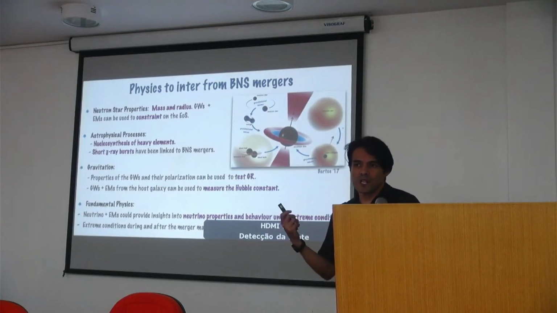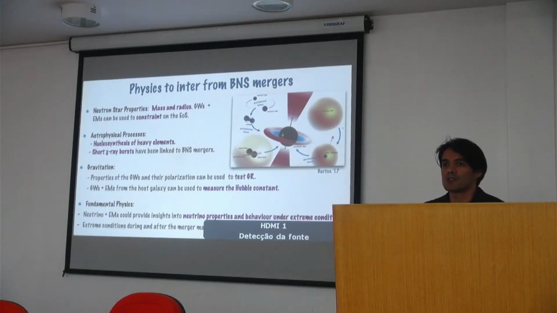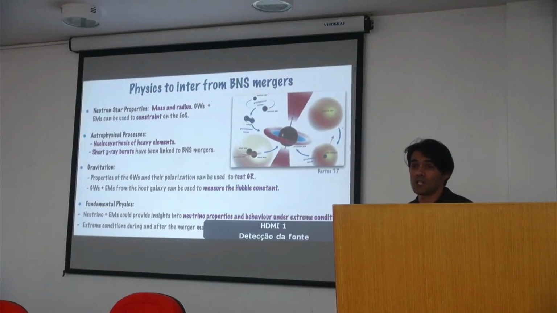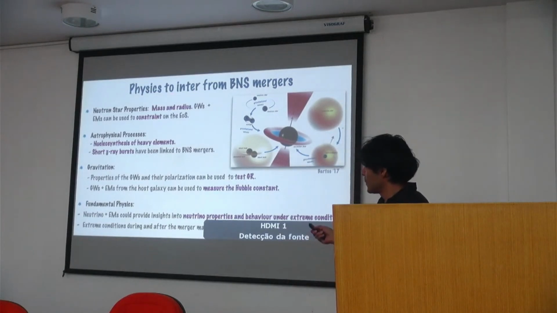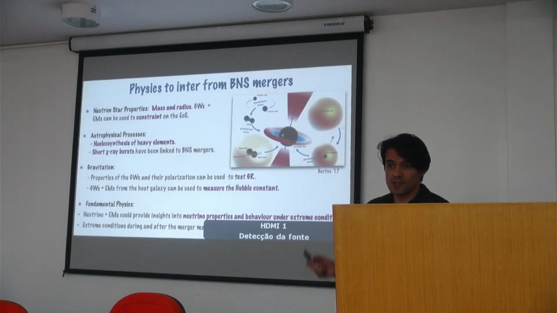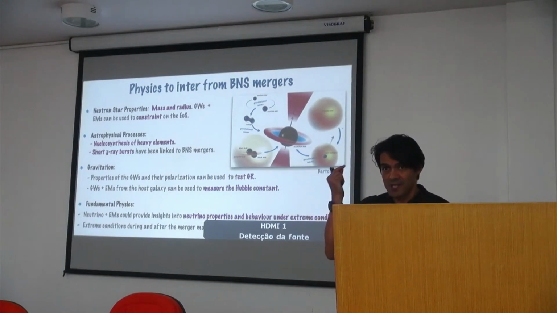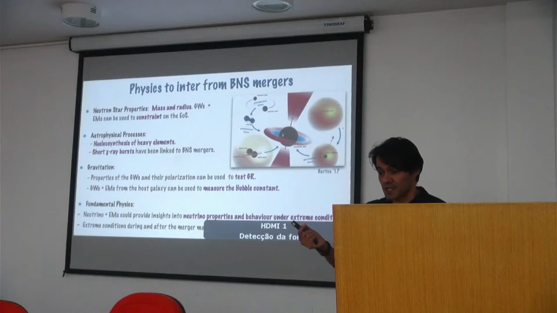Also, because you have the merger of the neutron stars, you can study, for example, what happens when you have phase transitions there. So as you can see, we can infer a lot of physics using just that simple observation, gravitational waves and, what is really important, electromagnetic signatures.